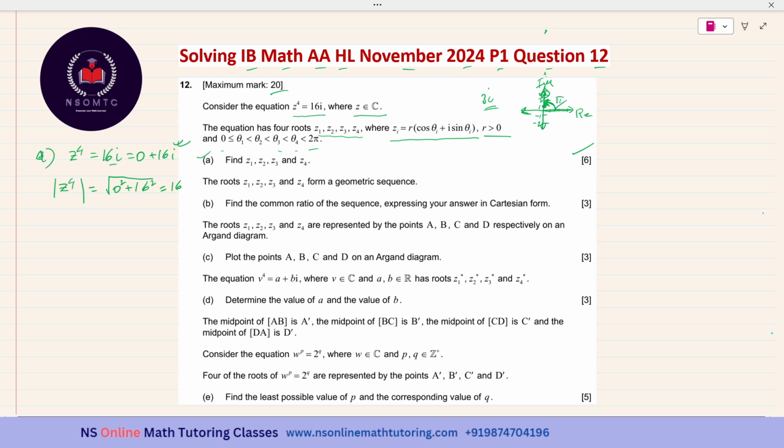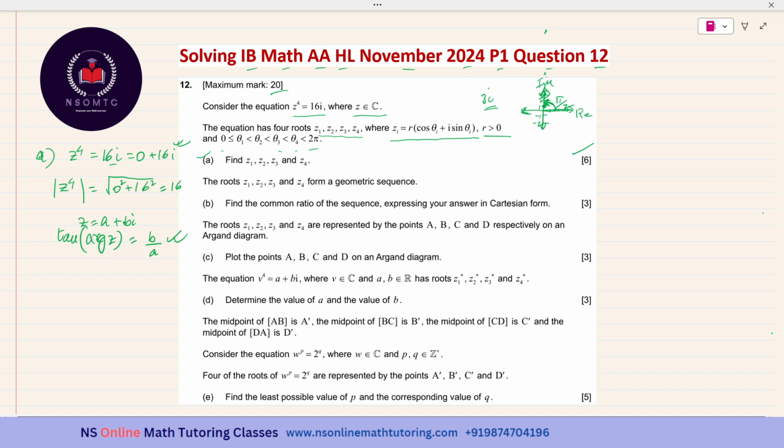Many students get confused. They have the habit that if z equals a plus bi, then tan of the argument of z will be equal to b over a. And it is definitely correct; I am not saying that it is not correct.